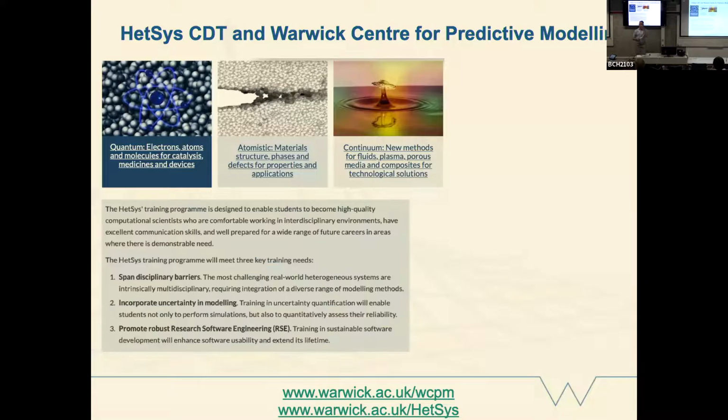We train students both in how to work across disciplinary barriers, projects of students to different disciplines, and how to make sure that the software that they write is right away in PhD to support research software engineering. And then relevant for this workshop, we also teach how to incorporate uncertainty models. That's the module that I teach. It's helped me a lot to understand a bit more about these techniques. You have to figure out how to teach something, that's when you really have to get to grips with it.